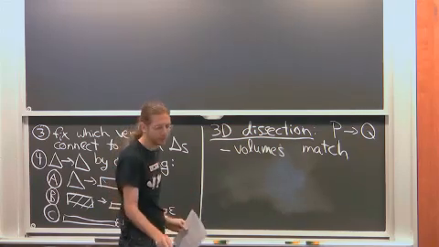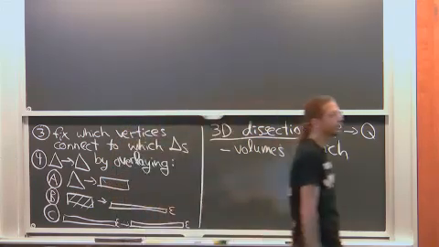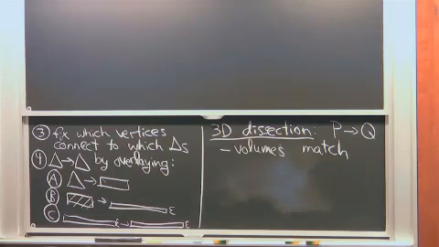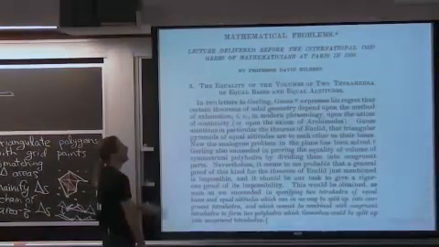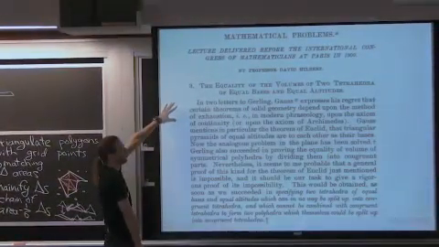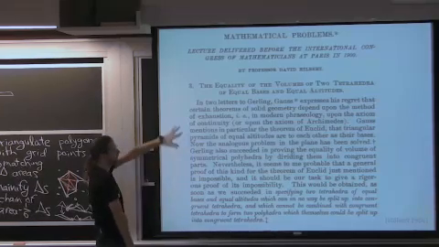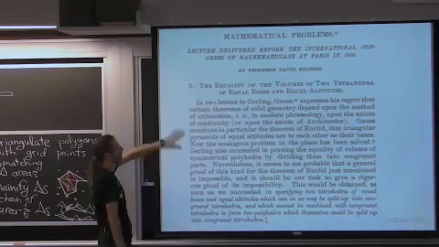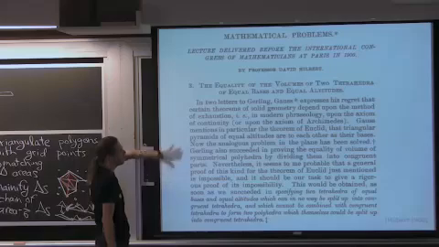And this goes back to a Hilbert problem. So you may have heard of David Hilbert. He wrote this paper of like 23 open problems at the turn of previous century, 1900. This is problem 3. And it wasn't directly about hinged dissections, or about dissections rather, a little bit convoluted.